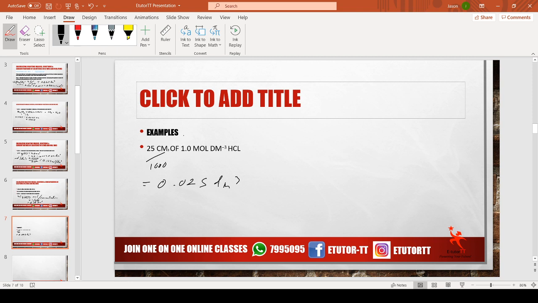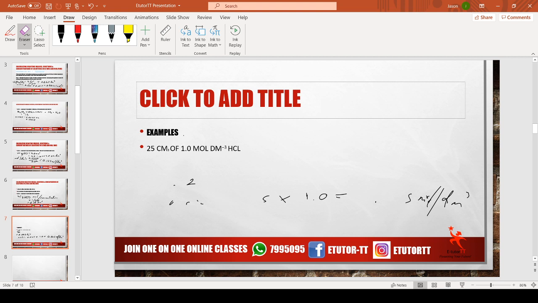They give us a concentration, so moles equals 0.025 multiplied by 1.0, which gives us, let's work that out, which is pretty straightforward. We got 0.025 multiplied by 1, which remains the same. Moles per dm cube. Simple and to the point.